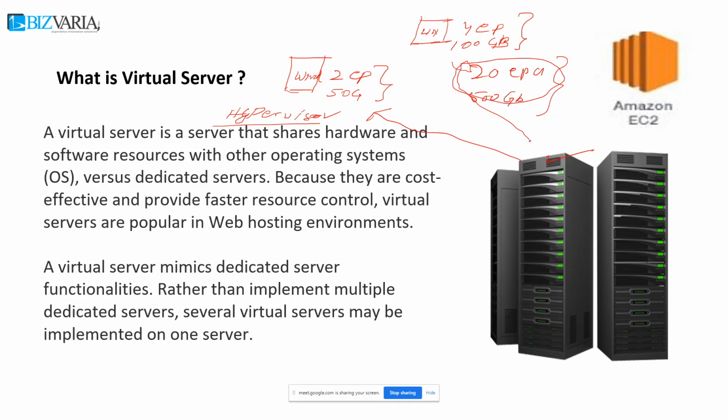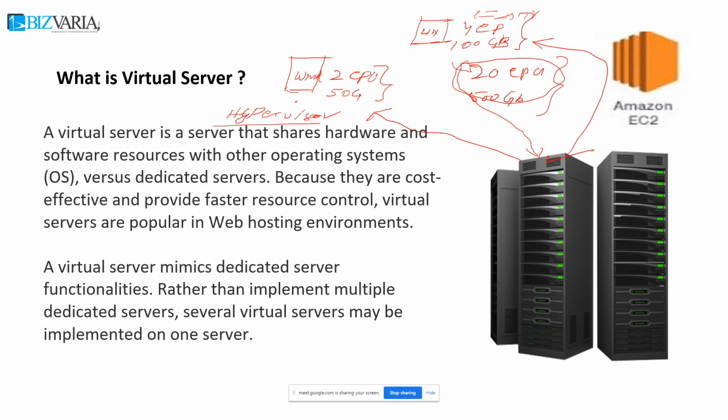This is the total capacity of this server. It has 20 CPUs. It's going to assign that much capacity to my Windows server, and it's going to assign capacity to Fahad's server, right? This is what is happening.